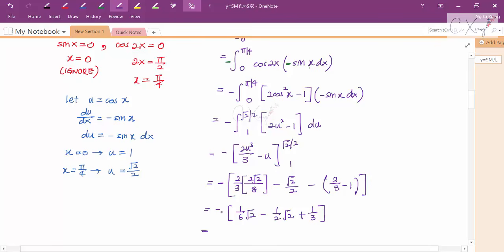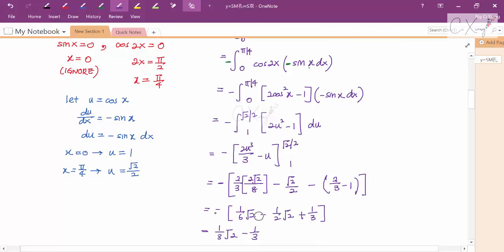So you take 1 over 6 square root 2, that means 1 over 6 apple minus half apple, then plus 1 over 3. Eventually, you will have 1 over 3 square root 2 minus 1 over 3.